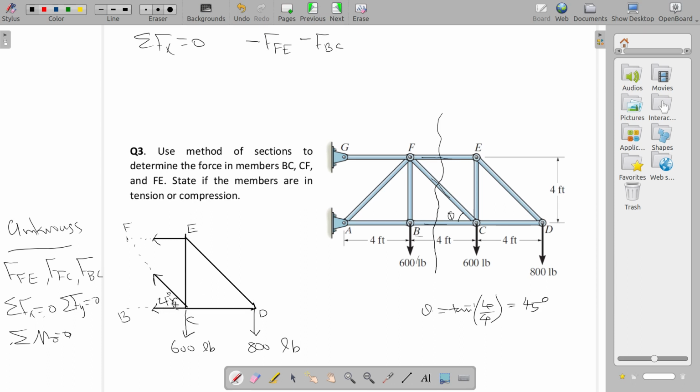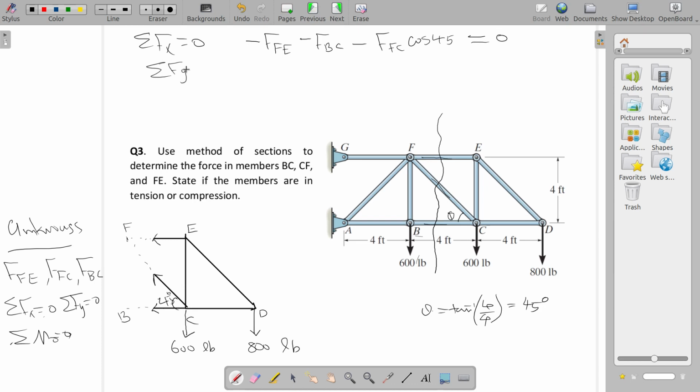FBC is also towards left, I've taken its negative, and we have FFC cos 45, that is the horizontal component of FC, and it's also negative because it's also acting towards left. Sum should be 0.